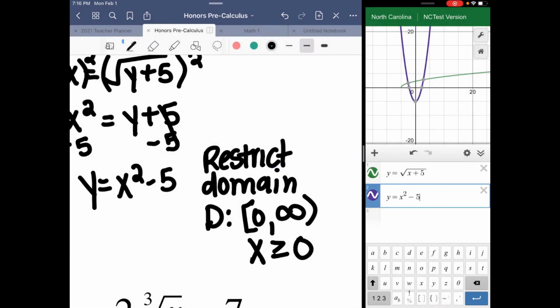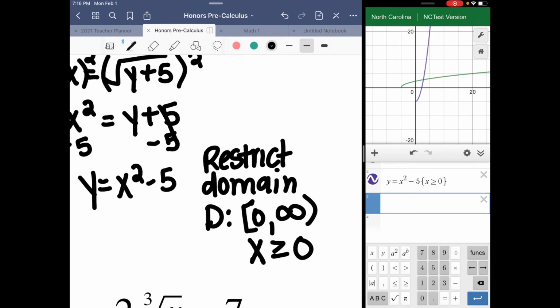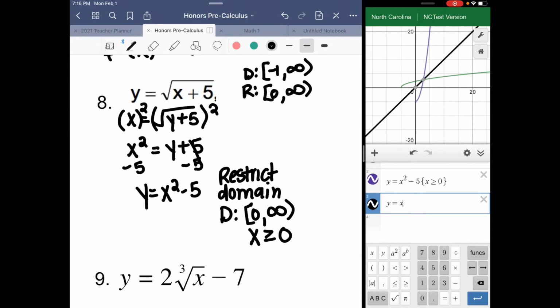So in this particular problem, I'm going to use the squiggle brackets, as I call them, and say that x has to be greater than or equal to 0. I can now restrict that domain, and I can see that it looks exactly like the other one and it is going to be a reflection over that line.